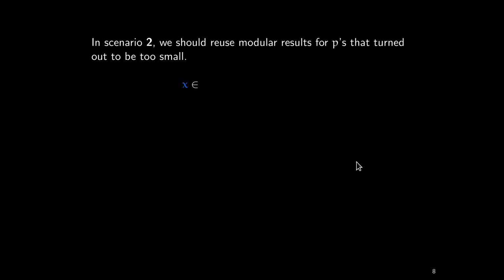We will waste a lot of time computing an outcome that turned out to be too small, and then we have to start from scratch with a bigger prime. That's not what we should do. We should recycle information that we have computed. And the question is now how to do this.